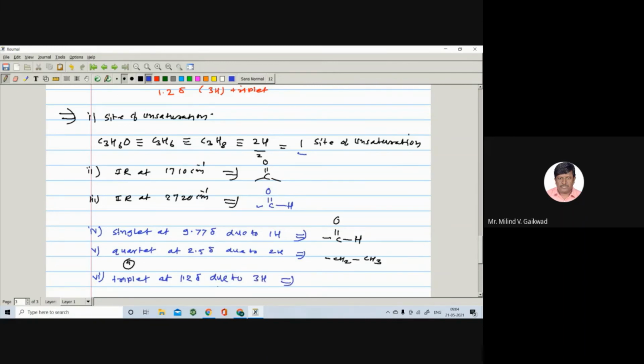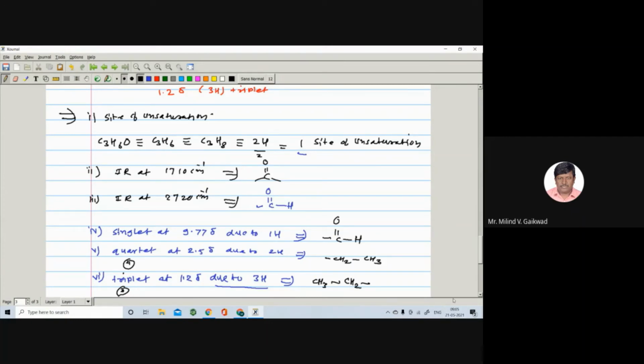Due to 3 hydrogen, it indicates that the 3 hydrogens are the same, they are equivalent. And you are reading a triplet. Triplet means 3, meaning the nearer carbon contains 2 hydrogen. So we can write there is a presence of CH2. So the NMR gives the idea that it may contain CH3, CH2 and CHO.